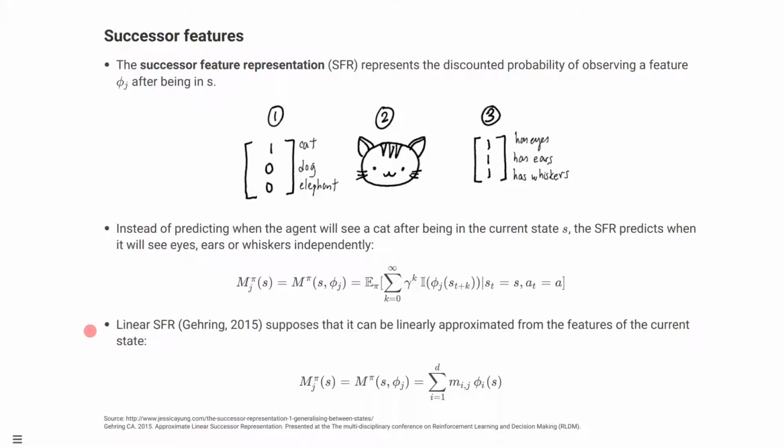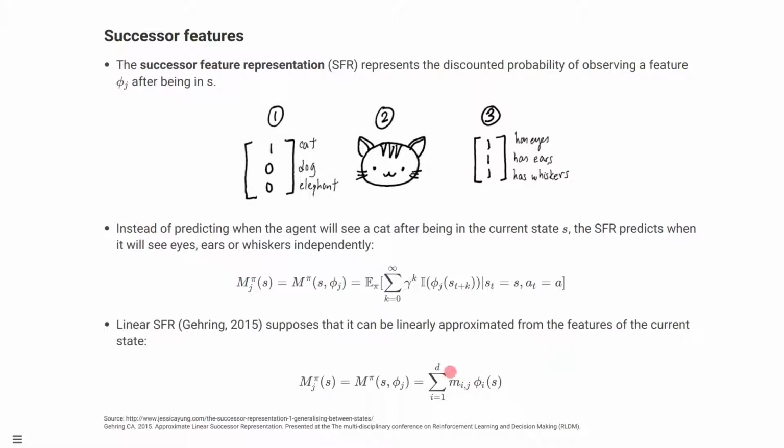For linear approximation, there was this paper by Gehring in 2015, which says that you can linearly approximate the SR for a feature j based on a feature representation of your state. So you linearly predict whether you are going to see ears in the future from the description of your current state.